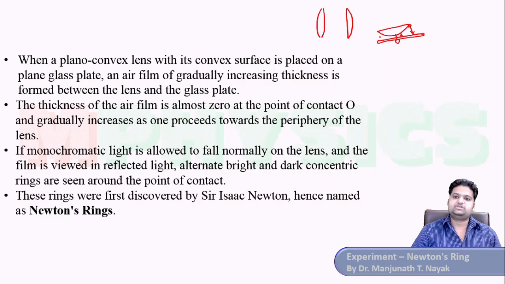There's a variation in the air over here, and when light enters into this area, an interference takes place. Now this interference will undoubtedly be out of phase, for sure, because of this variation in the thickness of the air.